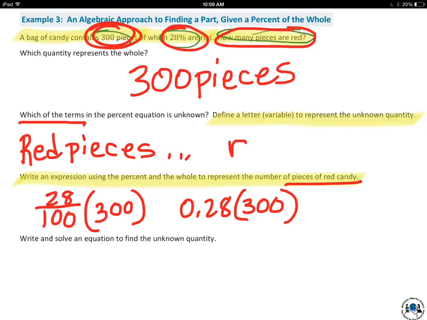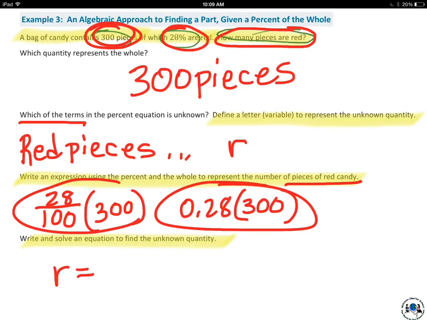Now let's write and solve an equation to find the unknown quantity. We are solving for R, so we're going to have R equals, and we know what R equals: this right here or this right here. I'm going to use the fractional representation. So R equals 28 over 100 times 300 over 1. And again, how wonderful fractions can be in these terms.